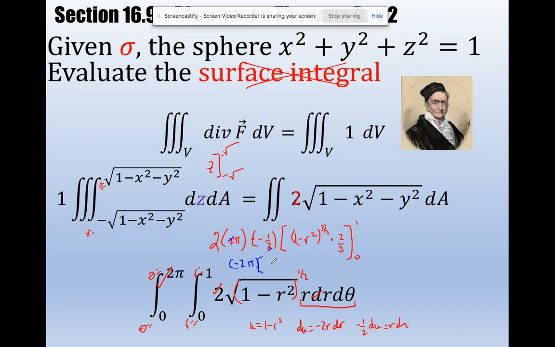And what do I have here? 2/3 times, plug in a 1. 1 minus 1 squared is 0. 0 to the 3/2 is 0. Minus, put in the 0. 1 minus 0 to the 3/2 is 1.